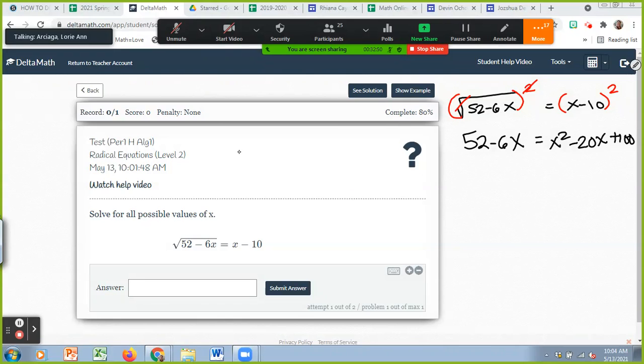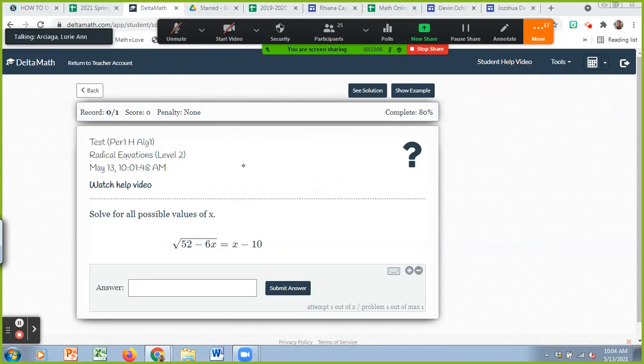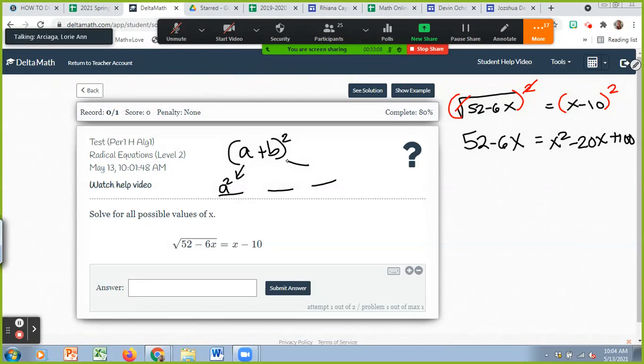It's time that you memorize some shortcuts because that's from 3 chapters ago, right? If you're squaring something like this, you're anticipating a trinomial. So the first one is a squared, the last one is b squared. How do you get the middle one?